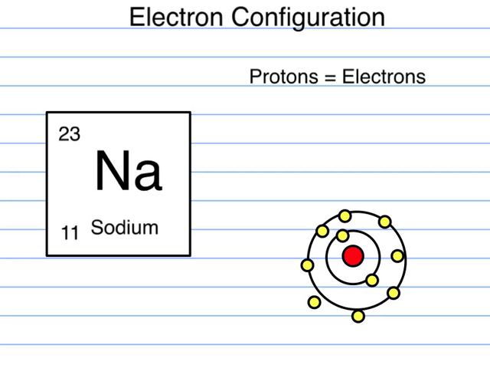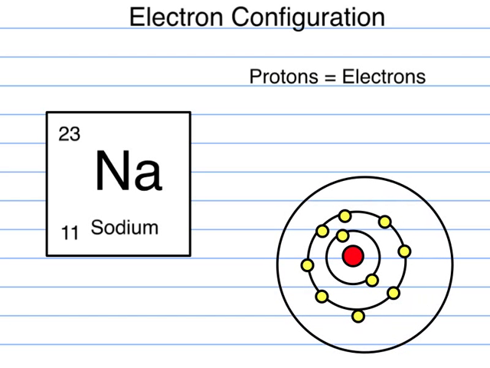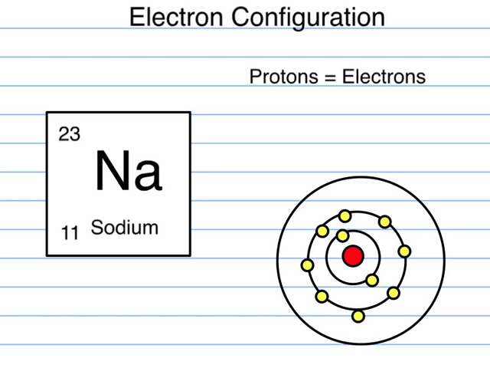Right, I've got a couple that don't look quite right in there, so let's move those. Okay, so we've got now 1, 2 and then 8, so we've got 10 electrons in total. So if we put our third shell, we've got 10 electrons, we've got 1 left, so we've got the 1 electron that goes on that outer shell.